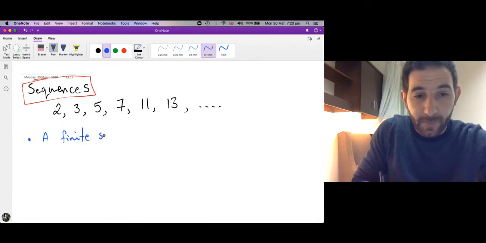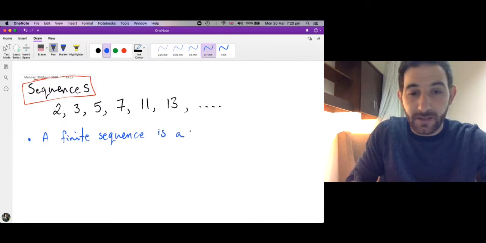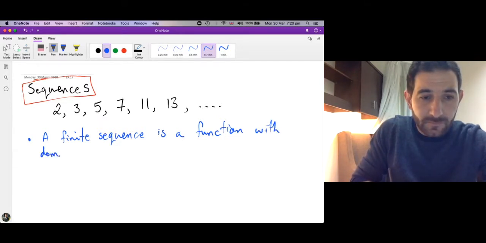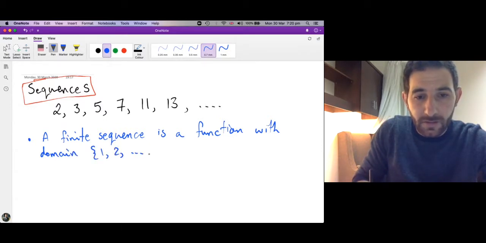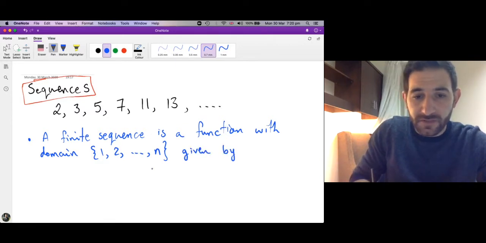A finite sequence is a function whose domain is the set 1, 2, 3 up to n, where n is a natural number, given by, say, the function name is f of k.